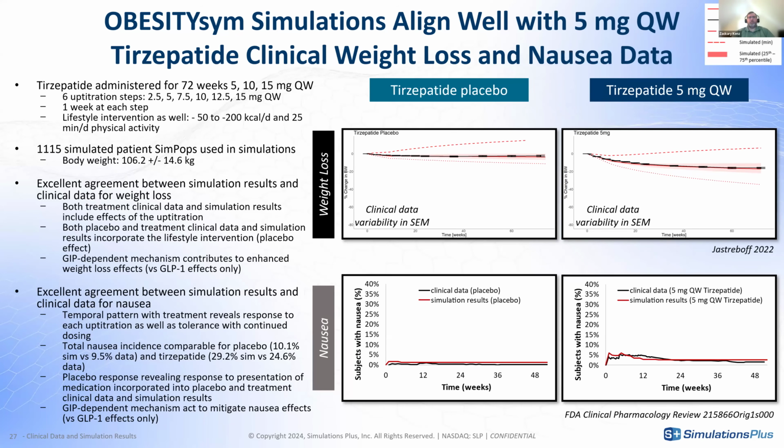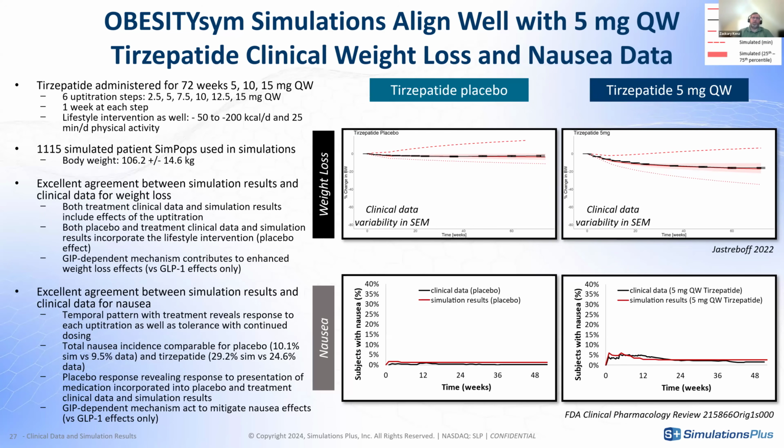I'll take a look at a few tirzepatide comparisons. So in these cases, similar to what Celeste has just shown in terms of process, tirzepatide was administered for 72 weeks with an up titration staging, lifestyle intervention as well. In this case, what was already alluded to by Scott, tirzepatide has 2 mechanisms.